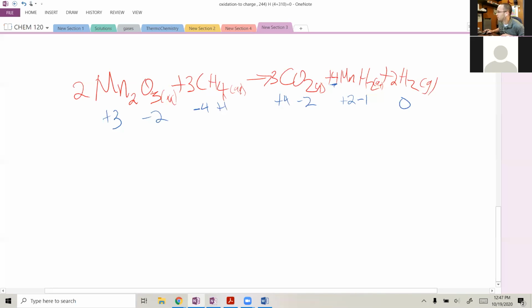Very good. And so which element is becoming more positive? Carbon. Carbon's going from -4 to a +4. So it's really oxidizing. And so it is losing how many electrons? 4.